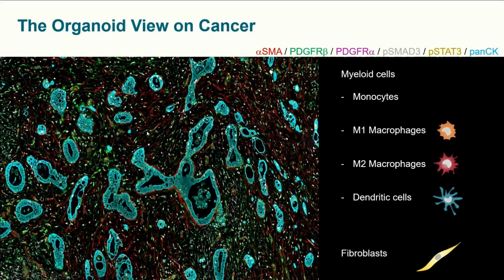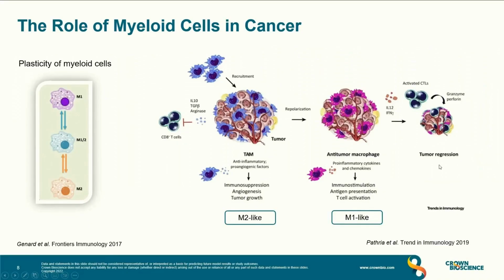The important cells in this stromal compartment that I want to focus on today are myeloid cells and fibroblasts. Myeloid cell populations consist of monocytes and macrophages of M1 and M2 types, and dendritic cells; these are examples of myeloid cells that are important to study in cancer. And then, of course, the fibroblasts, also known as cancer-associated fibroblasts. I will discuss all these cell types in more detail during this seminar.